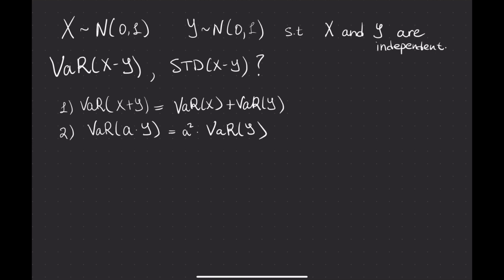And one more step, to make it easier to follow: if a random variable has a normal distribution, it basically has two parameters, mu and sigma squared. So this is just the random variable. And mu here is the mean, and sigma squared here is the variance.